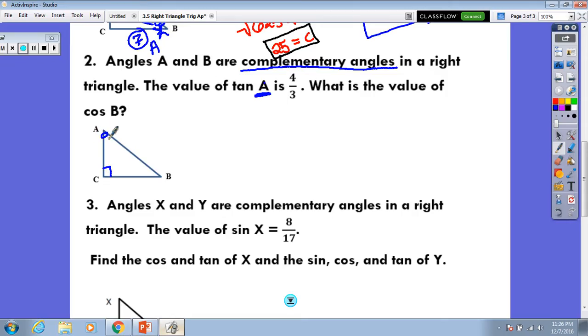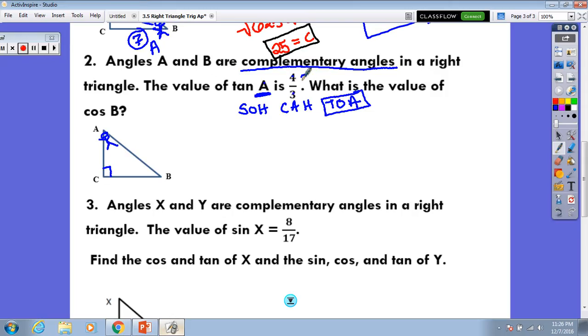So I'm going to draw my stick man over here. Okay? And I'm doing this so that I know where to put the number 4 and so I know where to put the number 3. So we're using SOHCAHTOA. Alright, and since this is tangent, I'm using this.